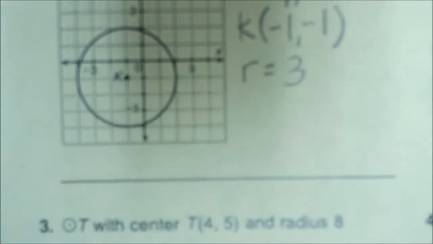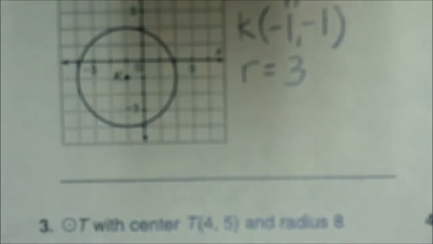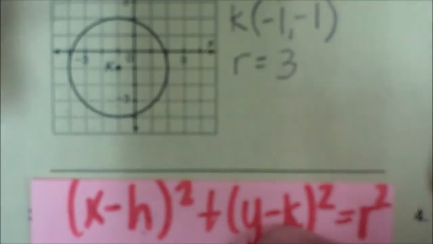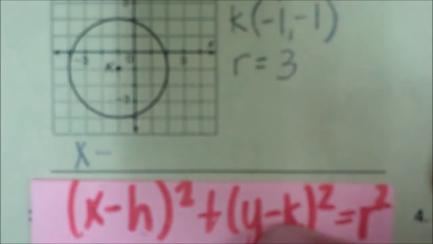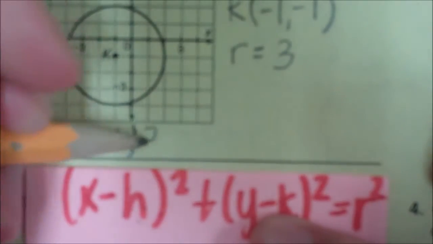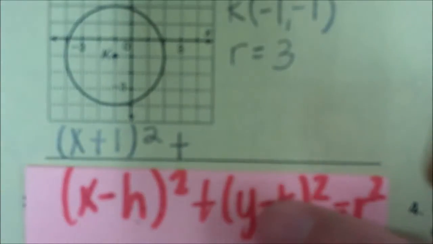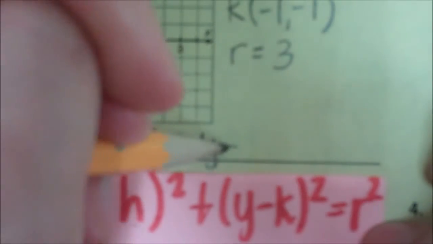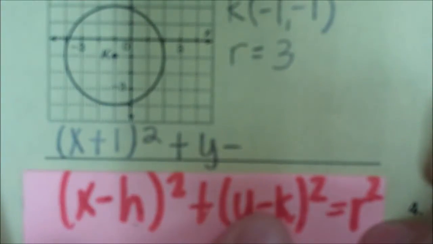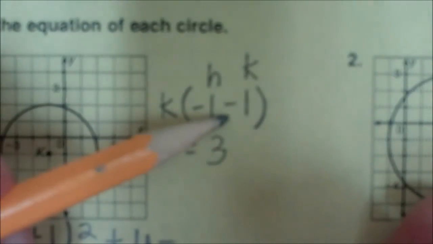So again, number 1 is asking for the equation of each circle. We're going to write x minus h. And in this case, our h is -1. So if we put in a -1 right here, it'll become a +1. Square that. Plus y minus k, and our k is -1.